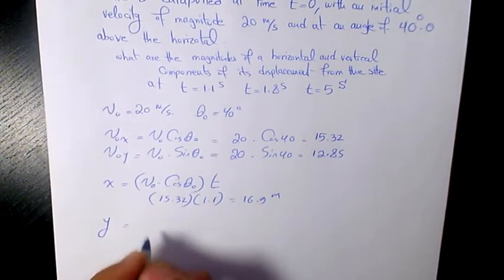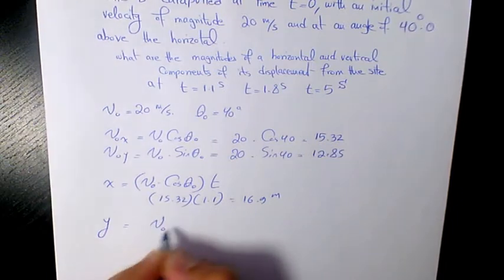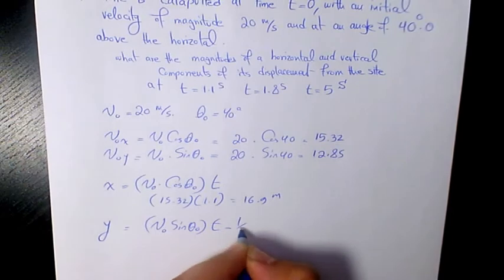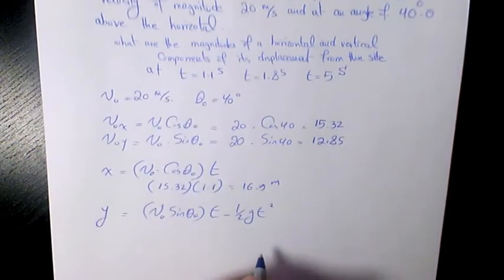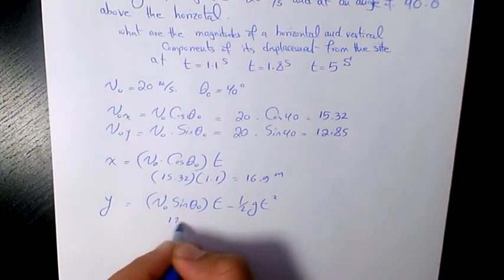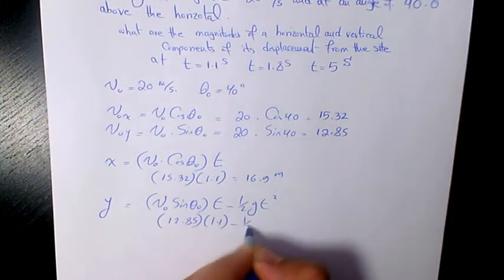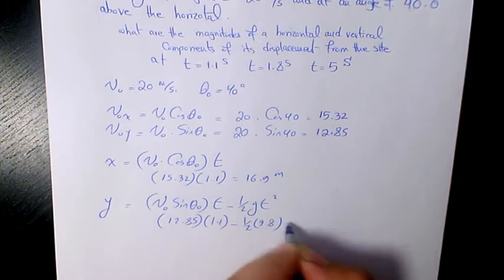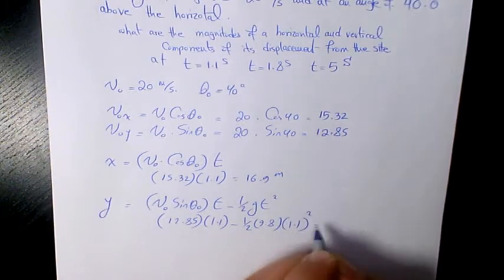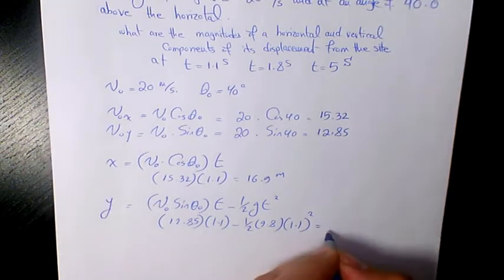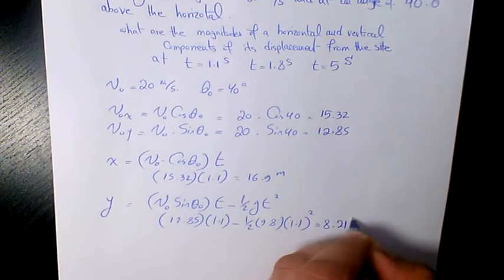Y is v naught sine theta naught t minus 1/2 g t squared, which will be 12.85 times the time, which is 1.1, minus 1/2 times 9.8 times 1.1 to the power of 2. That will be 8.21 meters.